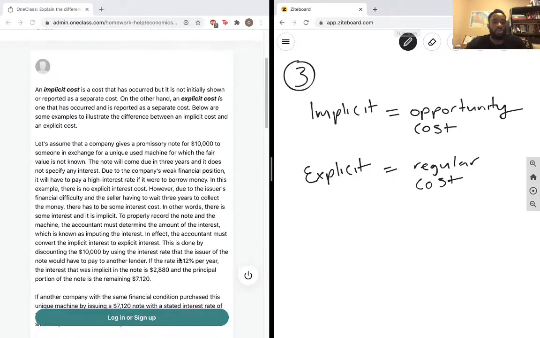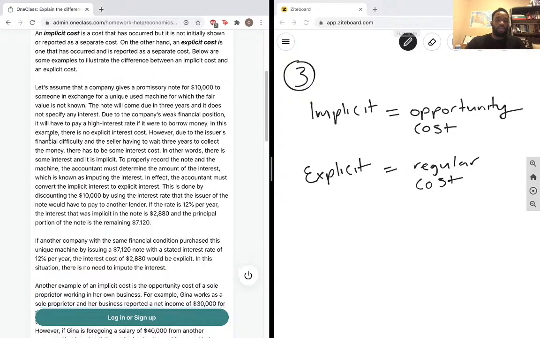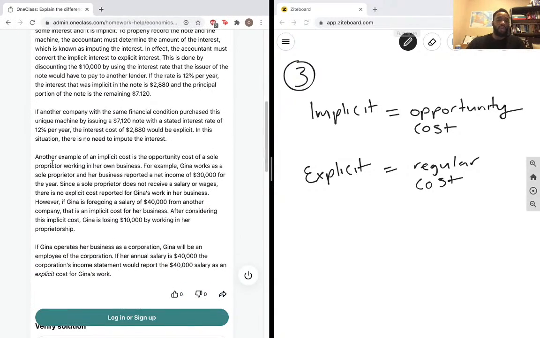Okay, so it seems like this person has somewhat of an understanding of implicit and explicit cost. We'll just make this simple and use his second example of the implicit cost.